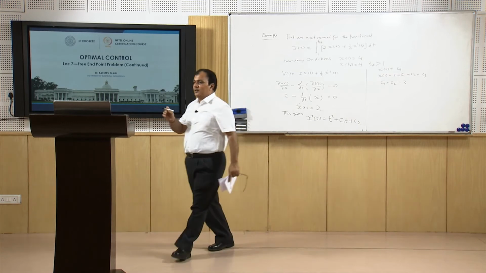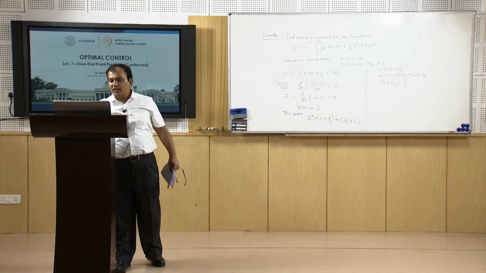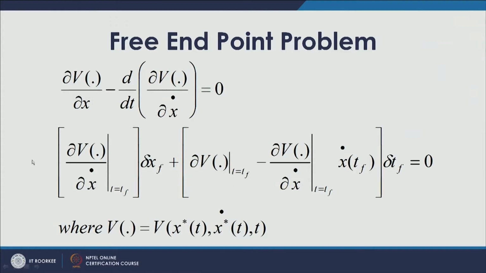or say the other equation to find the C1, C2 variables, we will get from my terminal point. In this case tf is free, xf is 0. So, this term will be 0 and we are left only with this. So, what was my equation?